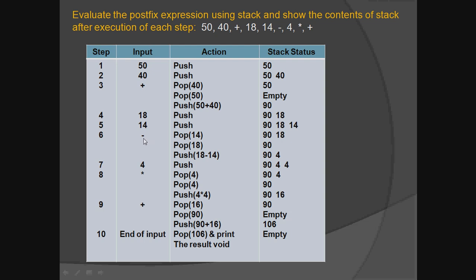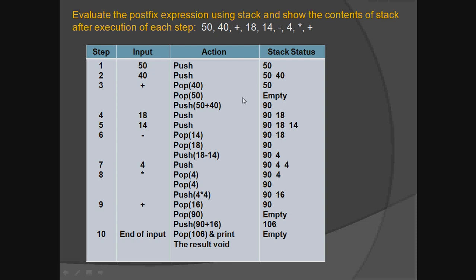Why? Because the arithmetic operator will perform execution only on two operands, or two values. So now 14 will be subtracted from 18, so we get the value 4. That 4 will be pushed into the stack.